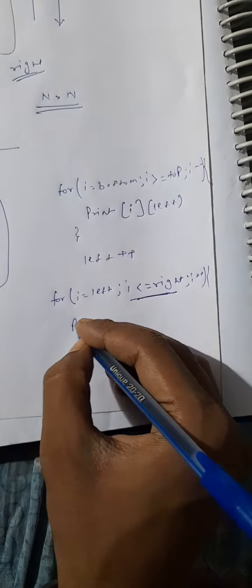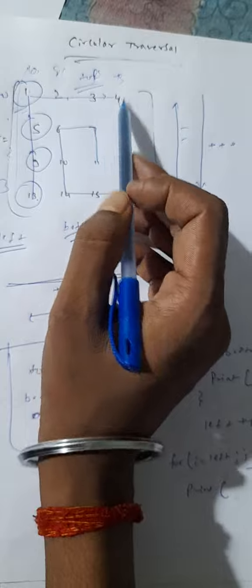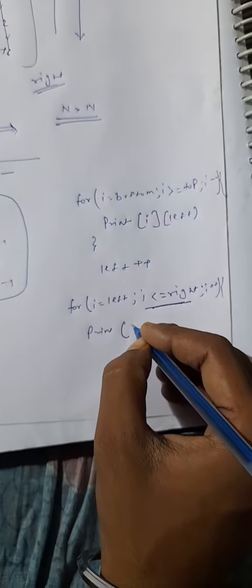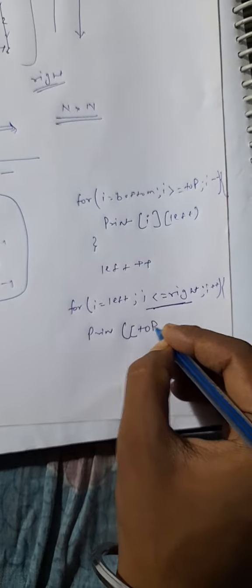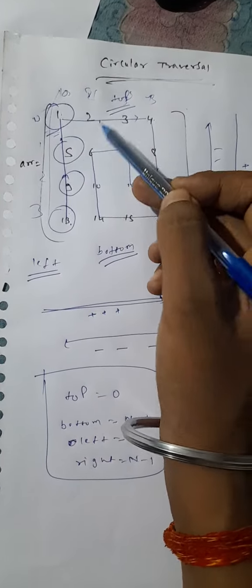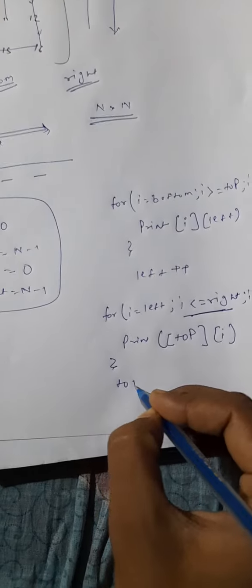And what we have to print, you can see in this the row remains the same and the value of column always changes. So row remains the same, that's why this is the top row and i. Then top plus plus, because when we go down it increases.